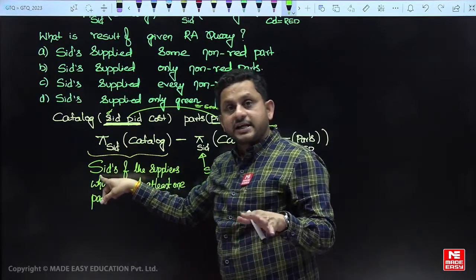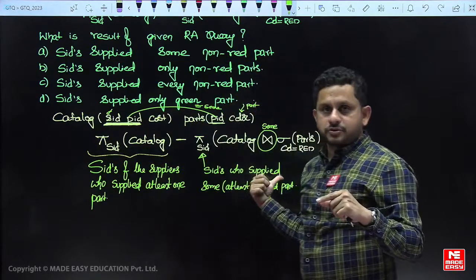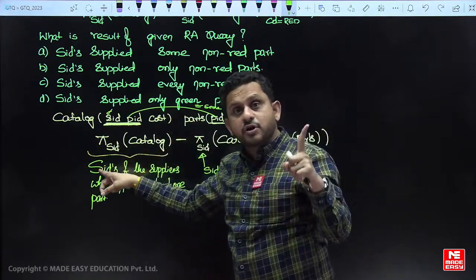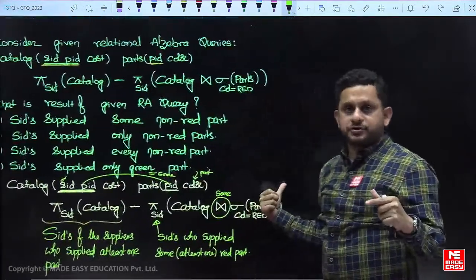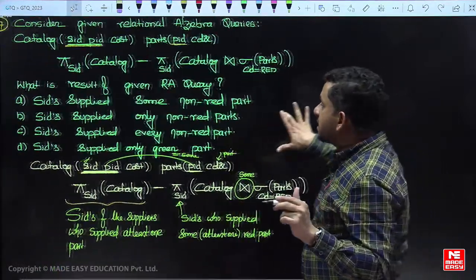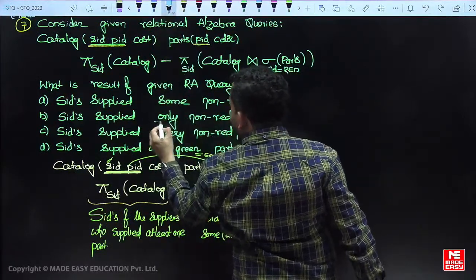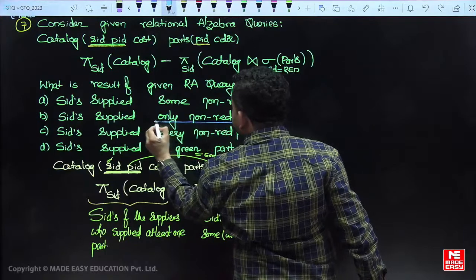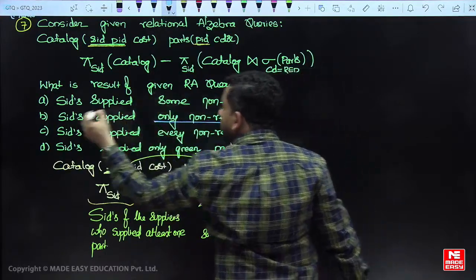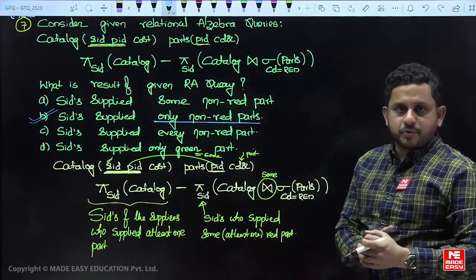We are expecting that he has supplied at least one part, but not any red part. So it means the supplier supplied only non-red parts. It need not be every non-red part; one or more non-red parts, but not any red parts.